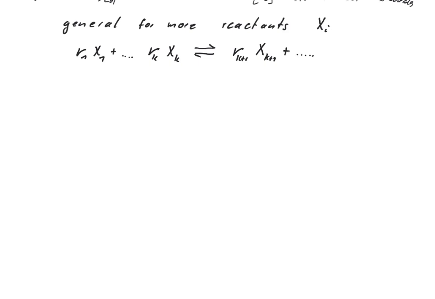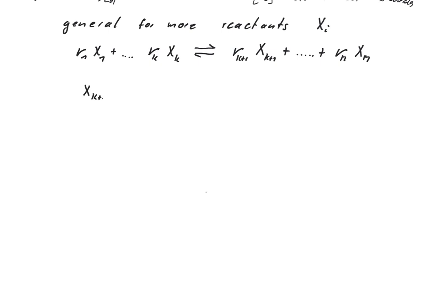Let's consider a very general chemical reaction where we have nu1 particles of type X1, which we react with nu k particles of type Xk, and the chemical reaction will result in nu k plus 1 molecules of type Xk plus 1 plus all the others ending with nu n particles of type Xn.